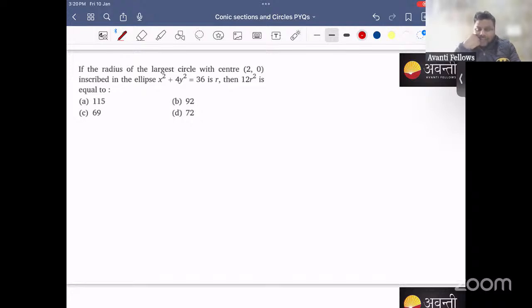Radius of the largest circle with center as (2, 0). Yes, try quickly.